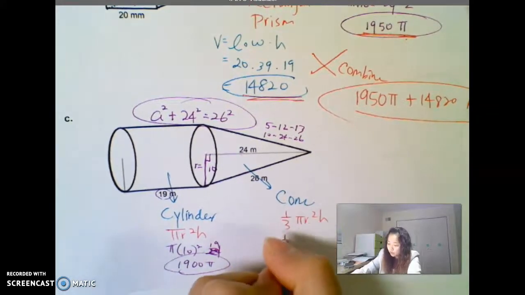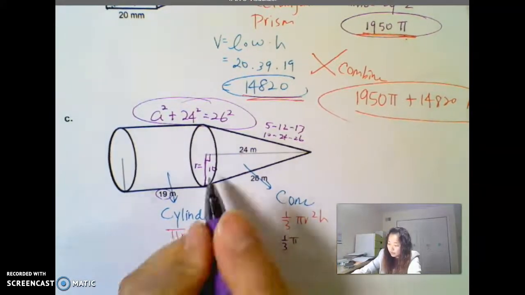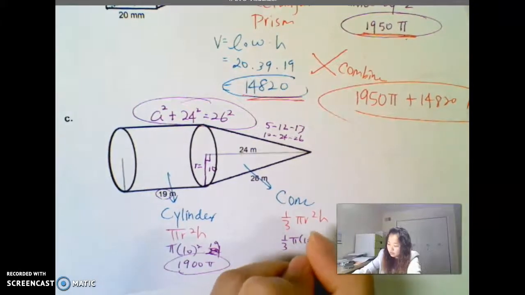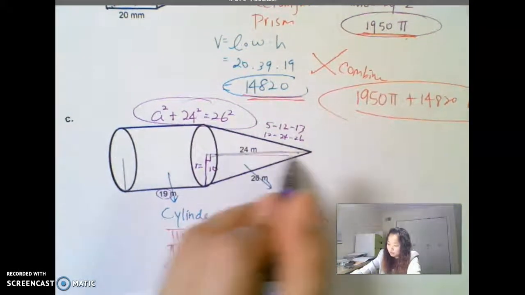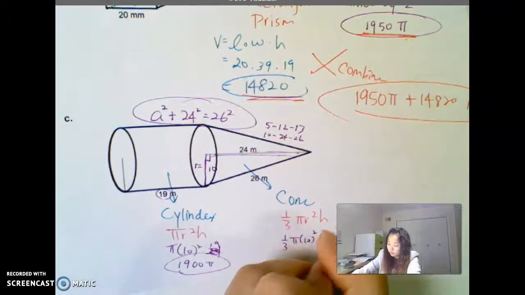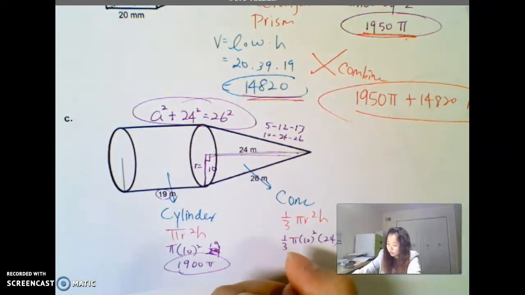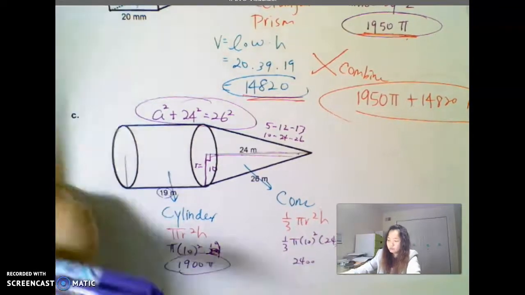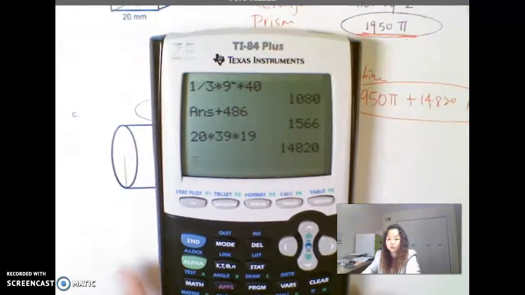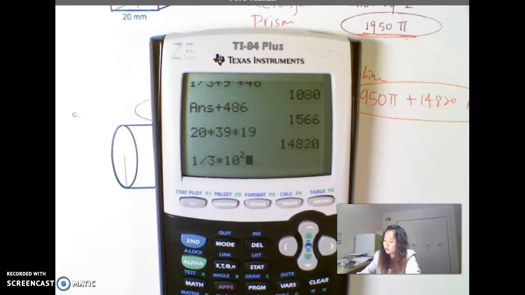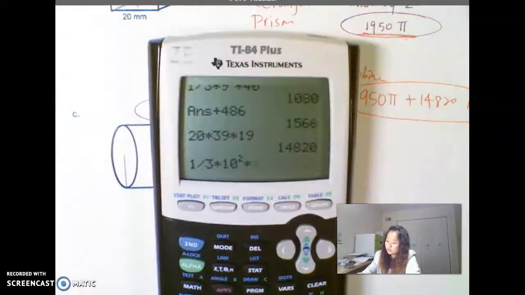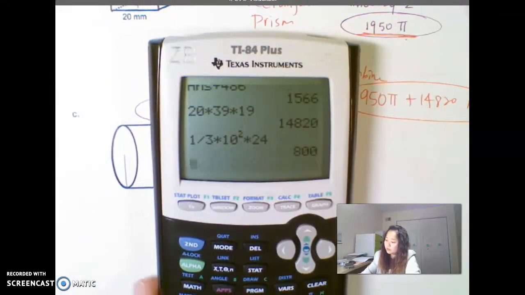For the cone, 1/3 pi, same radius, but the height for the cone is 24. I should just show you using the calculator. 1/3 times 10 squared times 24 gives me 800.